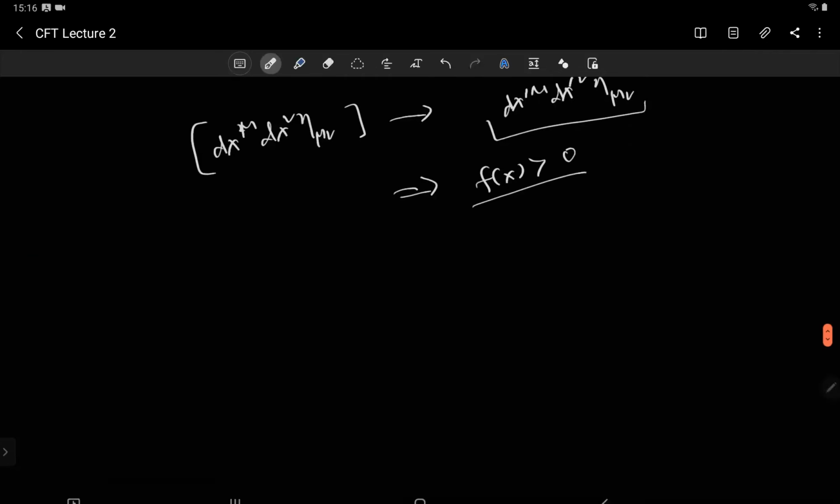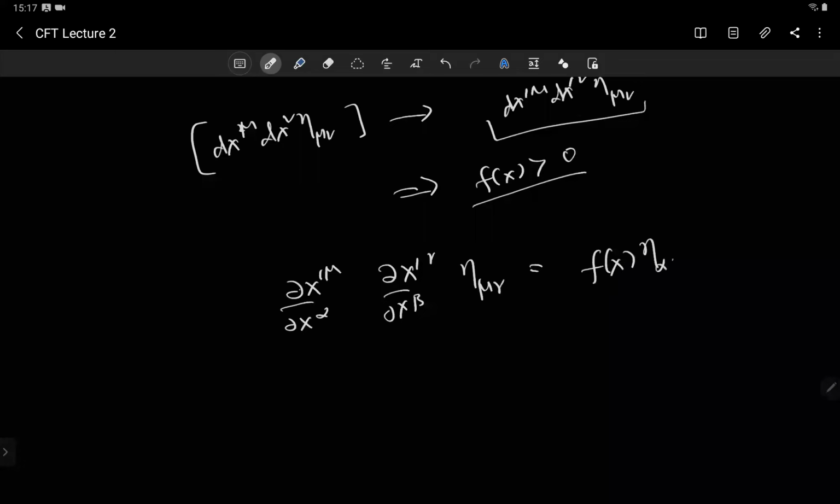So in that case, we can write the equation that we had, del x'^mu del x^alpha, del x'^nu del x^beta, eta_mu_nu equal to f of x, eta_alpha_beta.